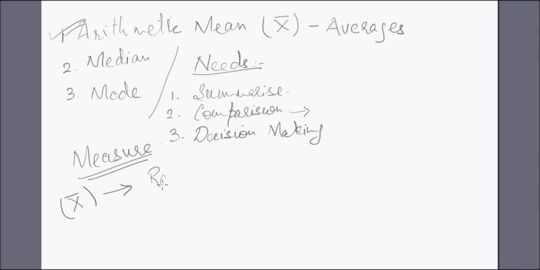First is the raw data, which means the data just collected and written as we have got it, without any tabulation, without any classification. Say for instance I go to a class and there are 10 students, and if I want to find the average of the marks of these 10 students, I just collect the marks and write them.